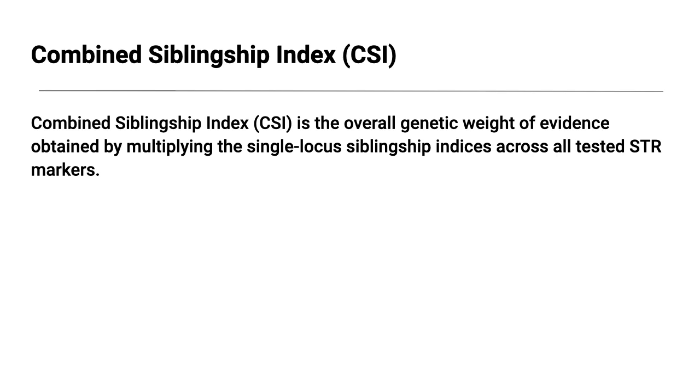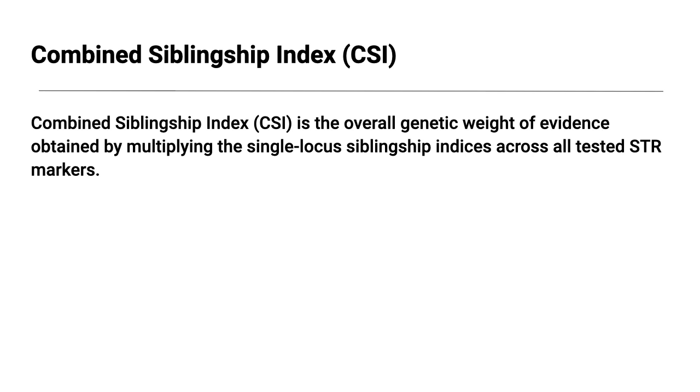Now, the combined siblingship index, we're just computing at a particular locus. So, in other words, if you have 20 loci that you have analyzed as our STR markers, which is the most common nowadays, then for each locus with the siblingship index, you multiply all those 20 loci.